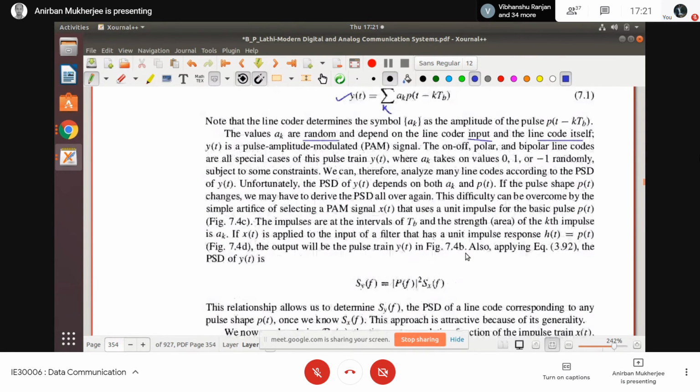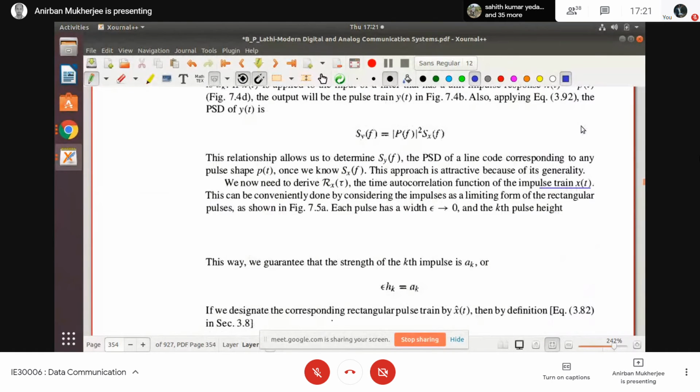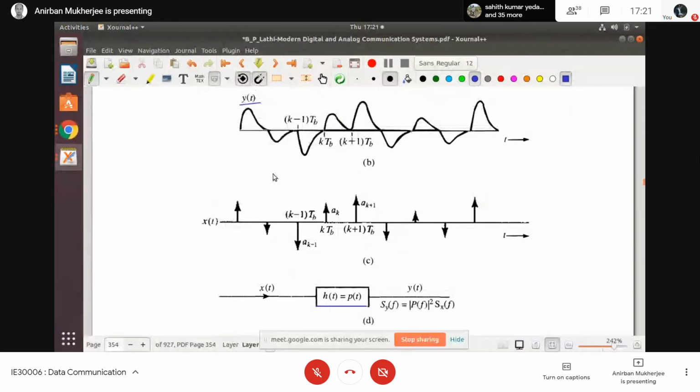So which pulse am I talking about? I am talking about the impulse train xt. Please try to understand, the impulse train xt. Each pulse has width epsilon and height hk.